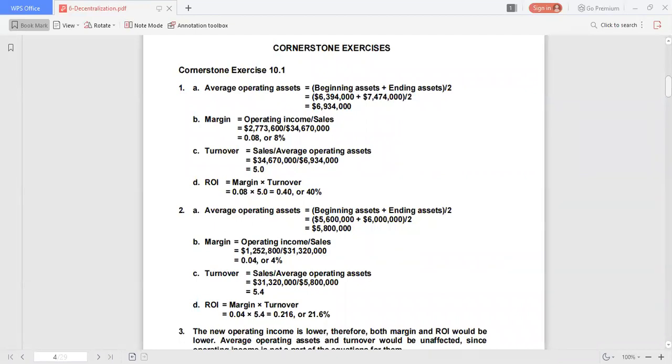Now in question number 3, what if operating income for the small appliances division was 2 million instead of 2,773,000? How would that affect average operating assets, margin, turnover, and ROI? Calculate any change ratios. Round to 4 decimal digits. The new operating income is just 2 million, which is lower.